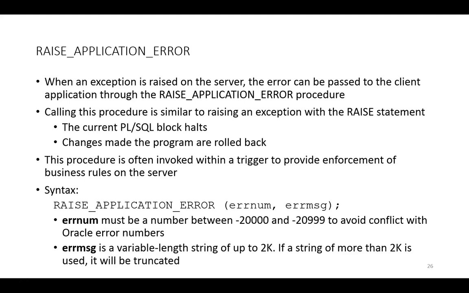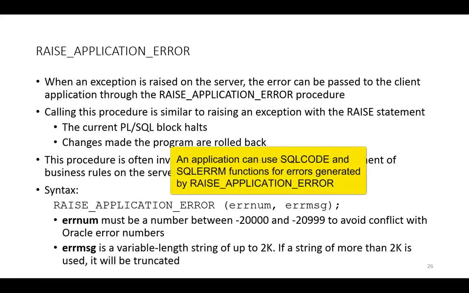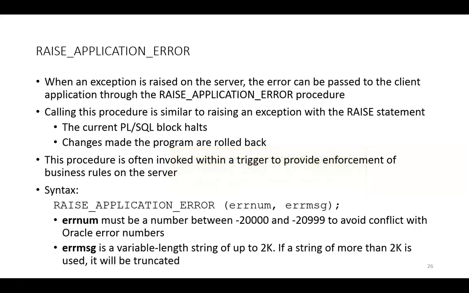But the interesting thing about this is that it works within the same framework as a regular system-detected error message that you would find in the database messages documentation. So within the application that performs the DML operation that subsequently causes the trigger to fire and signal an exception, the error number can be accessed by using the SQLCODE function that Oracle has provided, and the error message can be accessed by using the SQLERRM function.